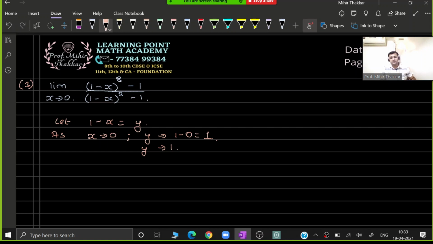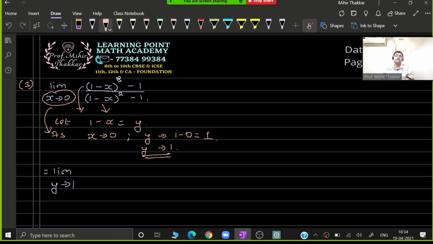So in our given question, wherever we are having 1 minus x, in those places, we will be substituting it as y. So this will become limit as y tends to 1 instead of x tends to 0. As I told you, when x tends to 0, I have to use this y tends to 1 because the original question has the variable x, but now because I am doing the substitution that 1 minus x is equal to y, in the substituted part, we will not have the variable x.